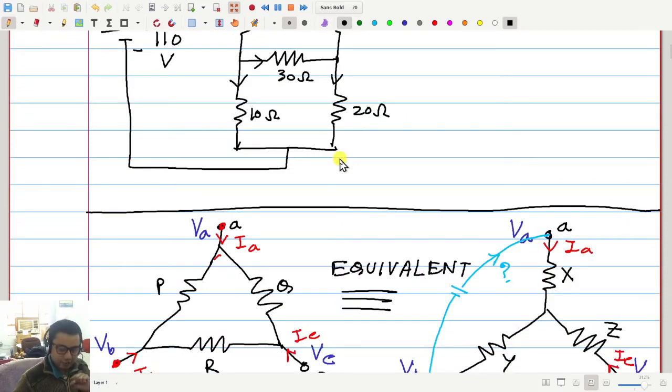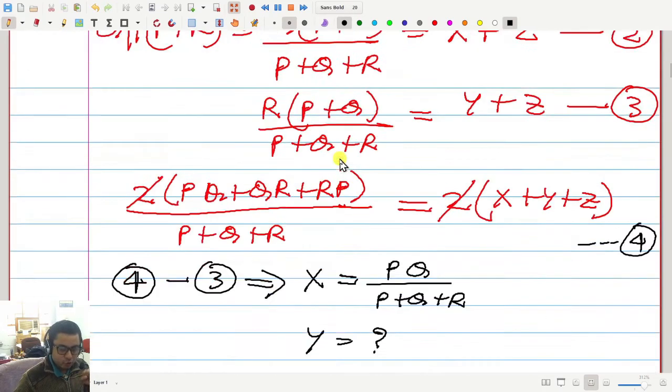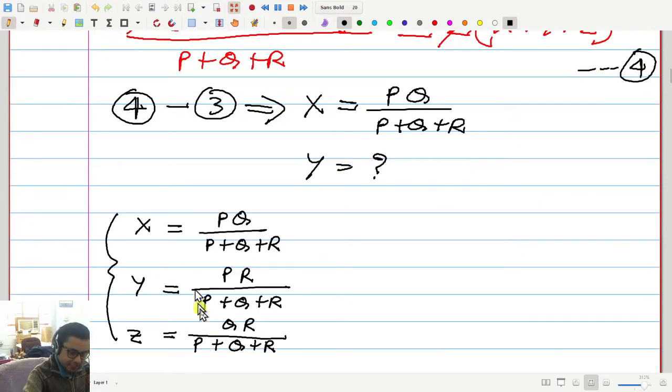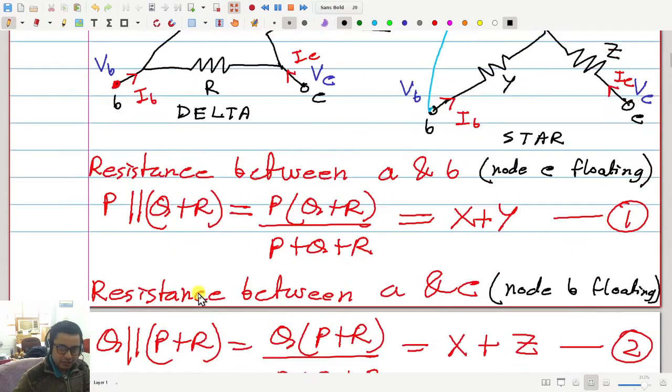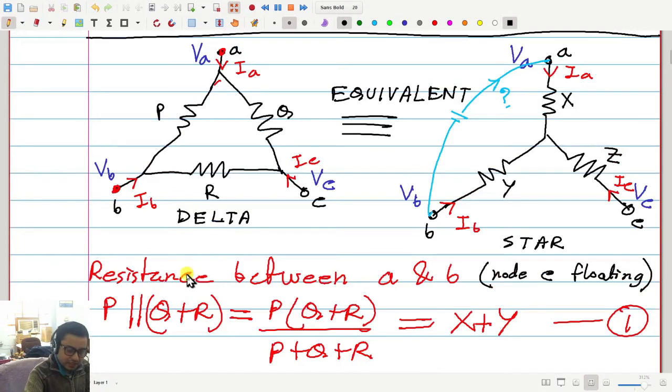My answer is as follows. Suppose these two, star and delta, are equivalent.